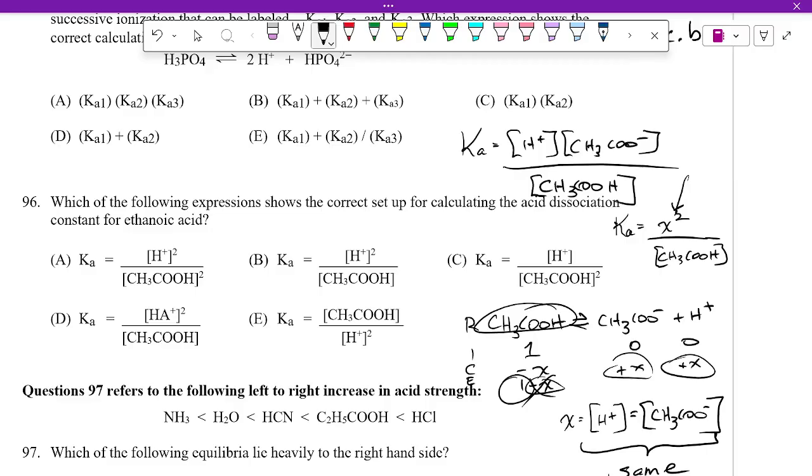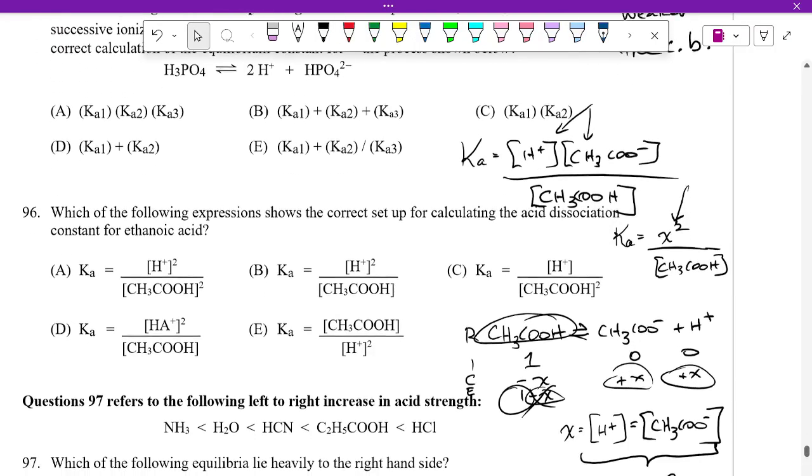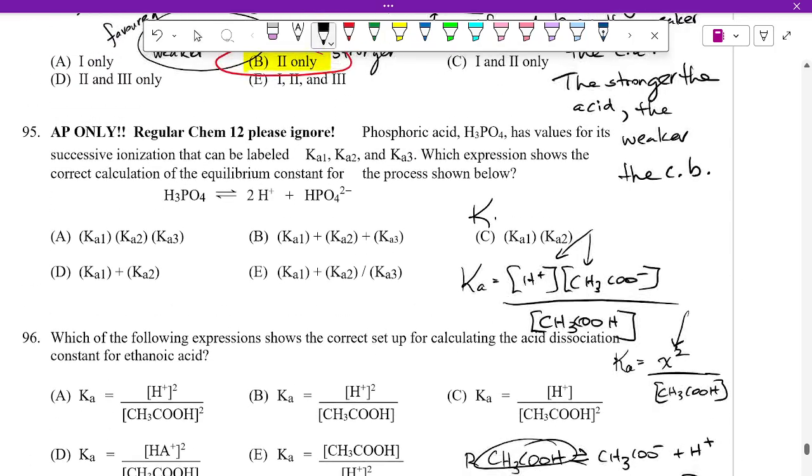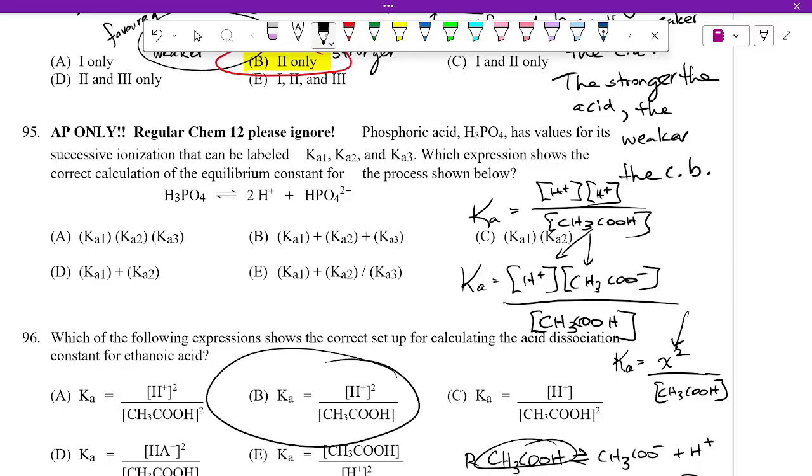At equilibrium, these two are equal, and so you can substitute H for COO minus. And if you substitute H, you get H squared over COOH. Yeah, I don't know why I went about it the long way, but that's okay.